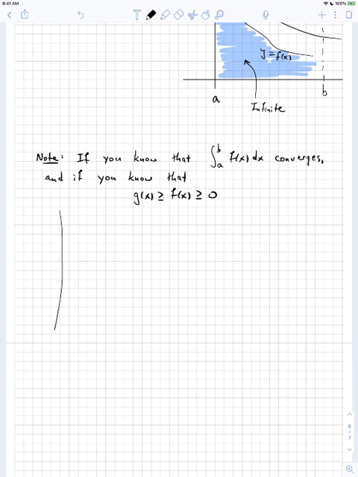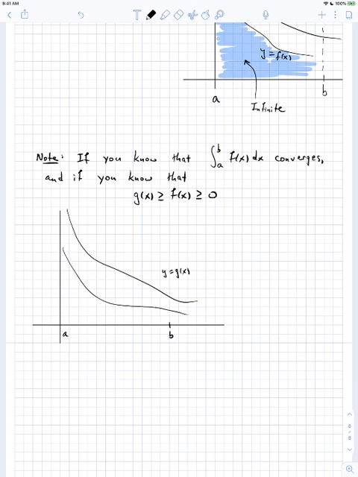Well, let's look at our picture again. So again, we're looking at something that looks like this. This is going to be our a, this is going to be b over here, and again, we're assuming an infinite discontinuity at a, but it doesn't have to be at a, it could be b. This is just to illustrate it. So g is bigger. So this is y equals g of x. That's bigger. And then we have y equals f of x.